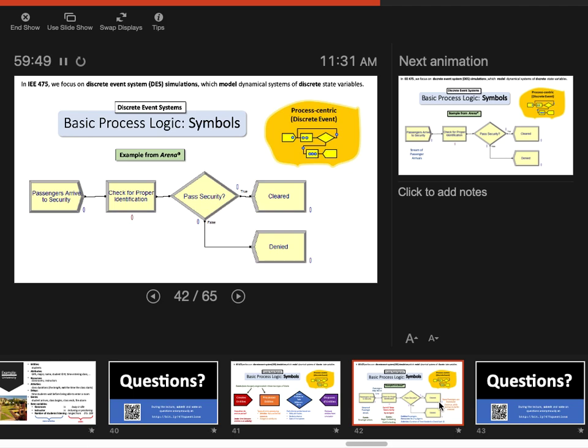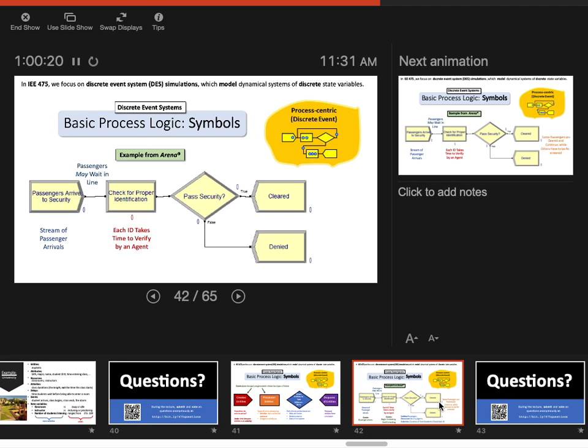Inside this block, I can say, well, based on the properties of the entities passing through, do they pass security or fail? Or I can even just have it flip a coin and say, well, 75% of them pass and 25% of them fail. And then here, this just gets rid of them. It might take stats on how many got cleared and how many were denied, but then that's basically it. So the stream of passenger arrivals is modeled there, the time the agent takes there.